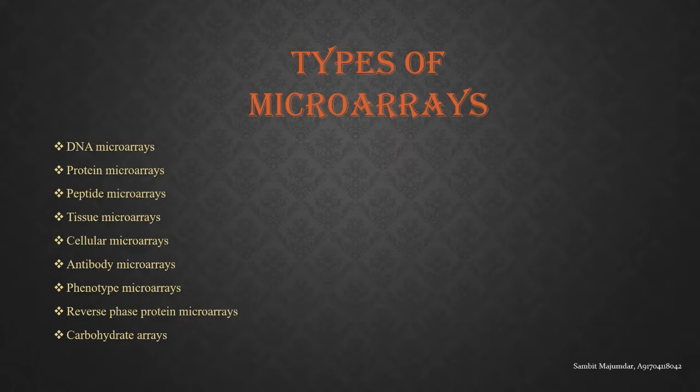Types of microarray. First is DNA microarray, which is a tool used to determine whether the DNA from a particular individual contains mutations in genes. There are four types of DNA microarray: cDNA microarray, oligo-DNA microarray, BAC DNA microarray, and SNP microarray.